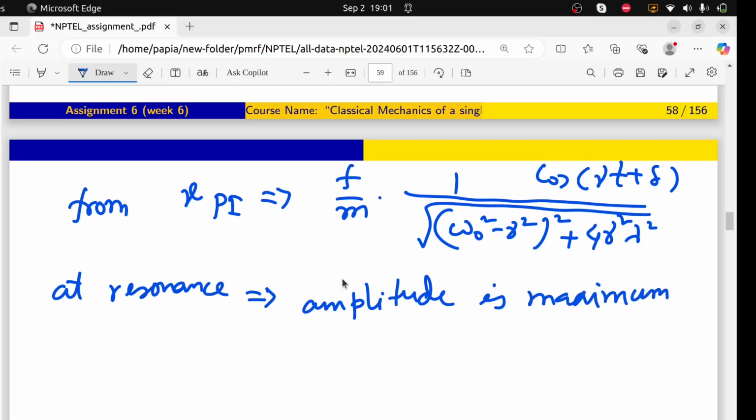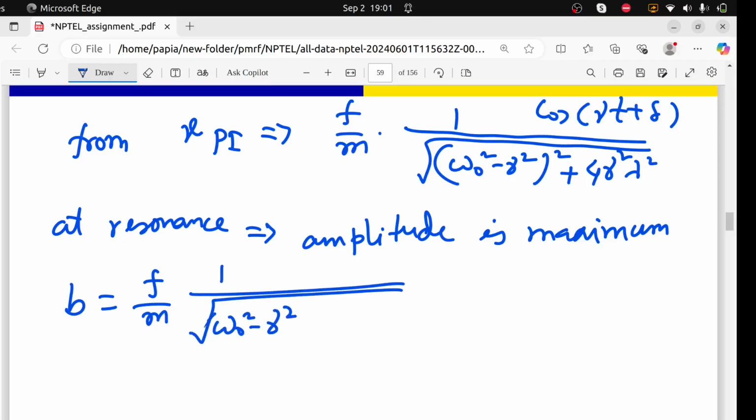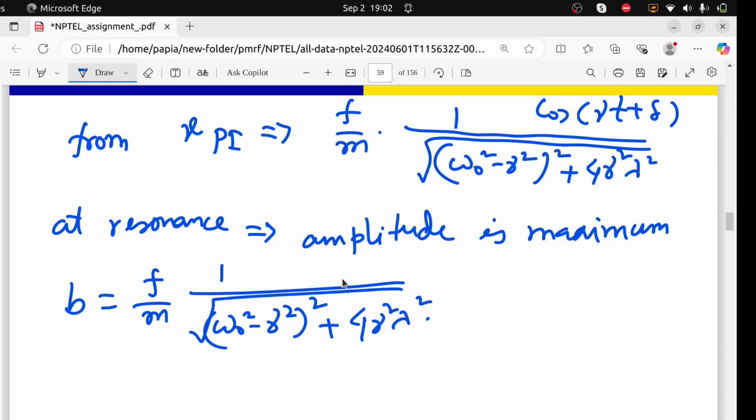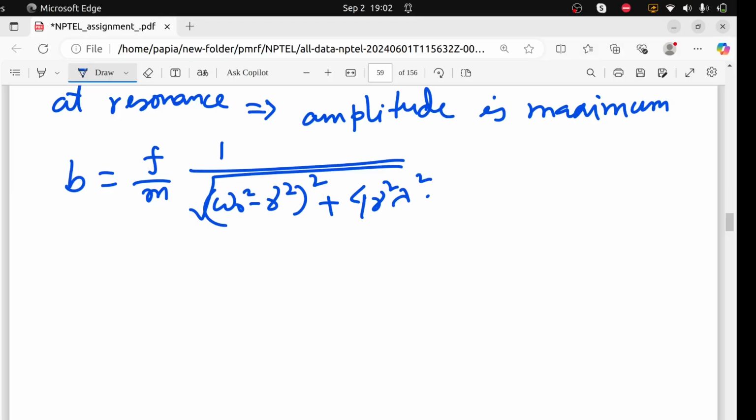When the amplitude is maximum, let's say I write the amplitude b as F by m divided by the root of (omega 0 square minus gamma square) whole square plus 4 gamma square lambda square. This is my b, and for the maximum, db by d gamma is 0.